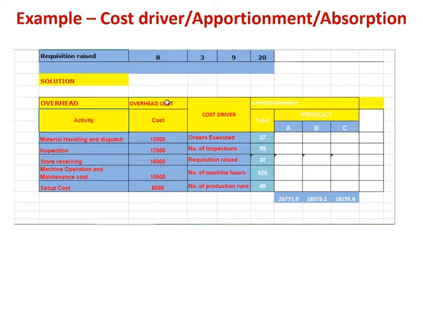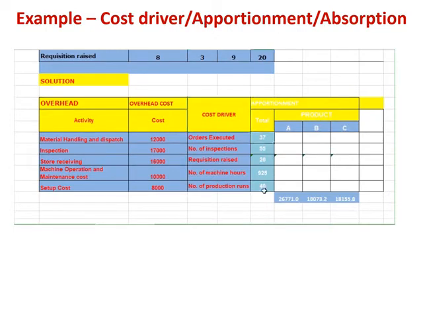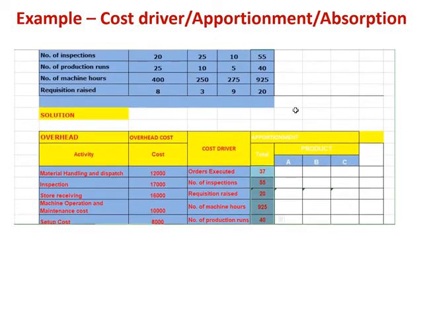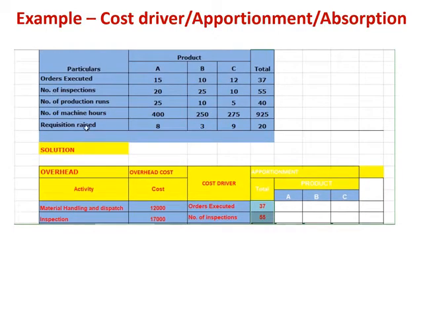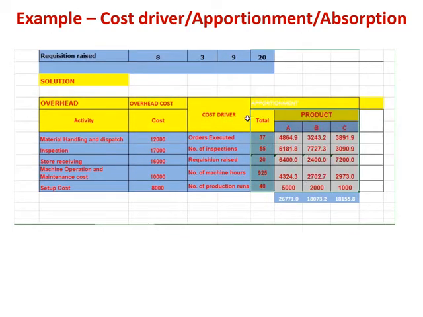The overhead or activity and the overhead cost are given, and the cost driver has to be found. After finding the cost driver, you have to write the total of the cost driver, and then the figures for product A, B and C. Now you have to write like this.